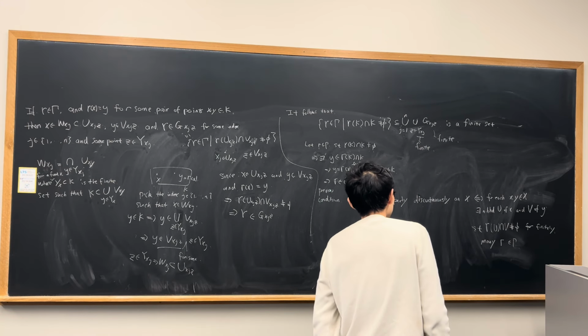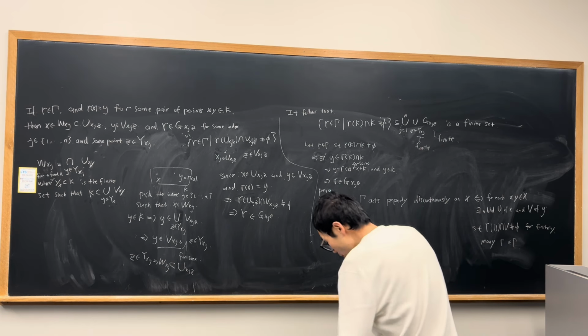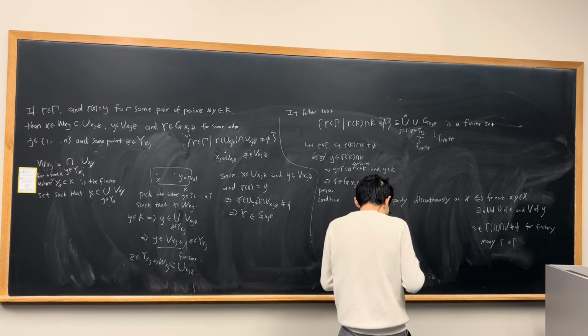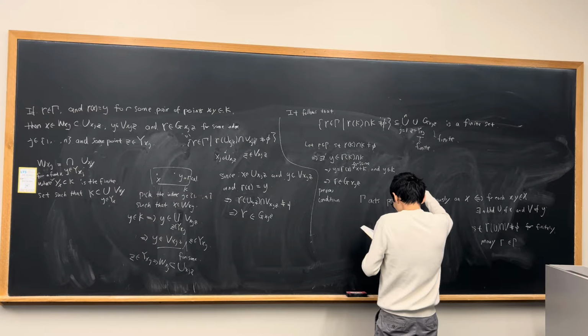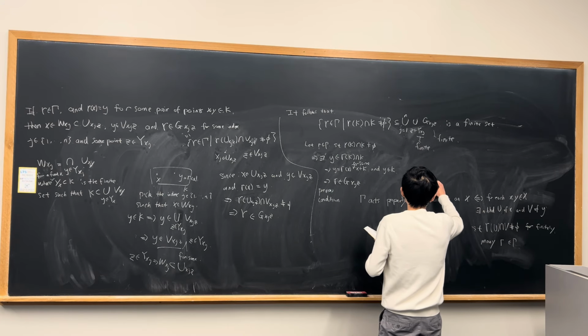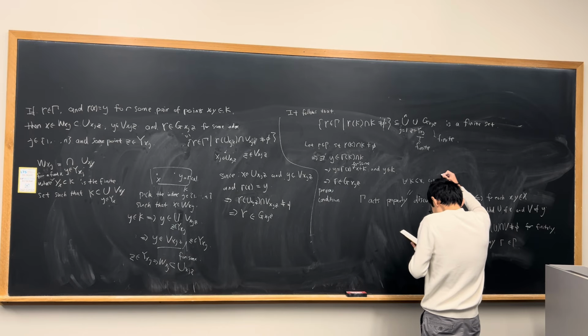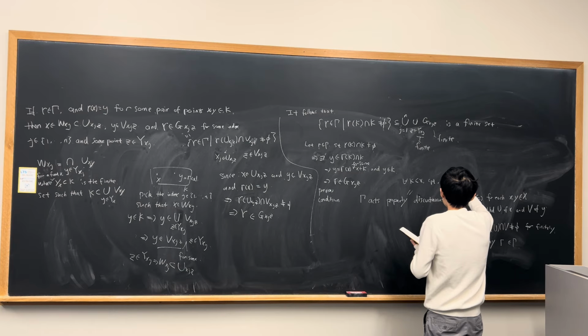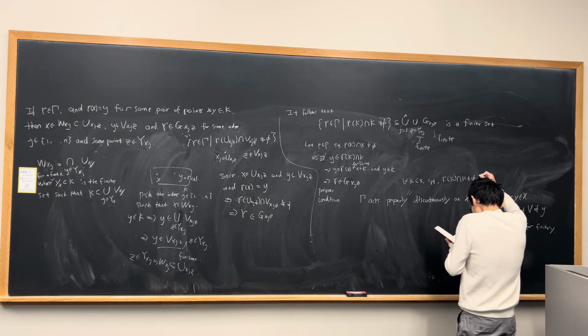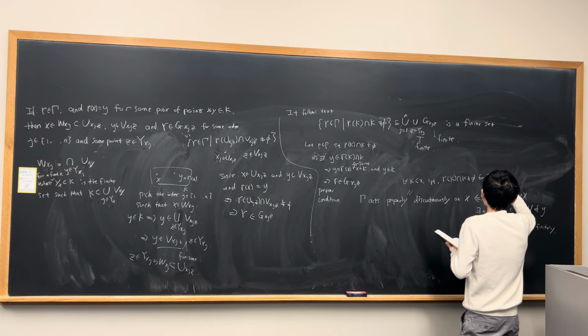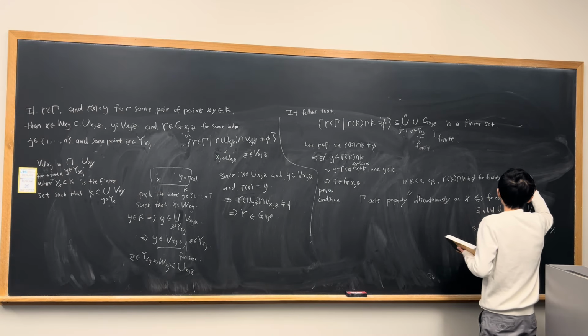Okay. So now, what does this properly discontinuous mean? This means that for all K in X compact, you have this gamma of K intersect K is not equal to empty for finitely many gamma.